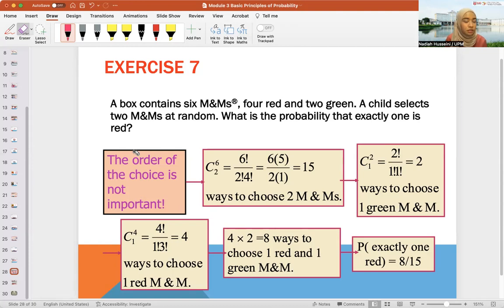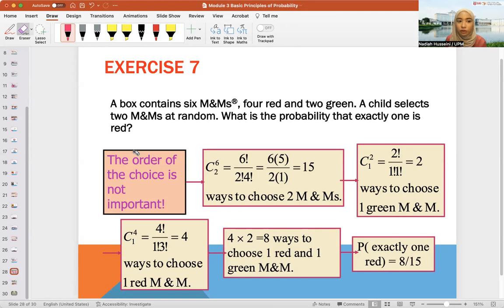Okay, I'm going to repeat my question. A box of 6 M&Ms, 4 red and 2 green. A child selects 2 M&Ms at random. Here, the solution says to use combination instead of permutation. Why? One box has 4 red and 2 green.